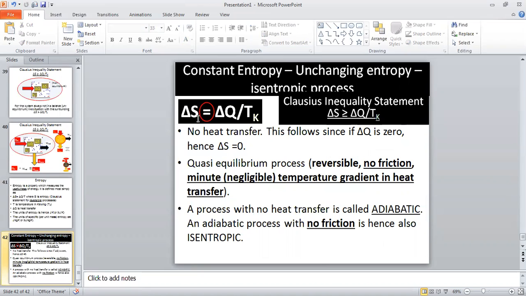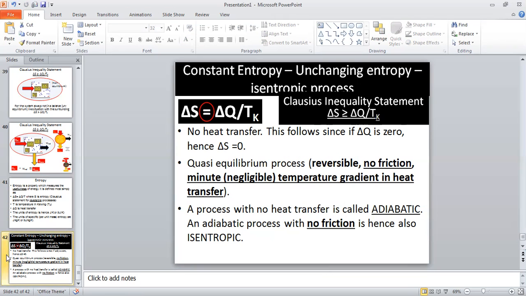Equal stands for reversibility. So if not reversible, delta S can be more than 0 even though delta Q is 0. Okay, so equal stands for reversibility. That's why this is a reversible process.